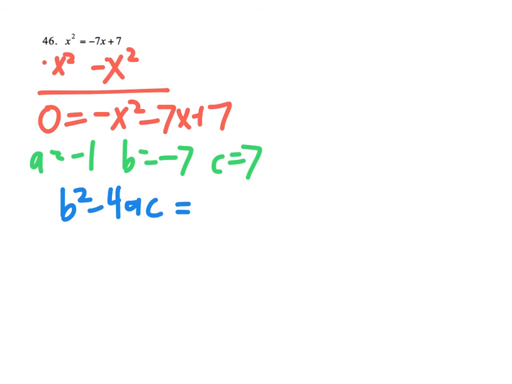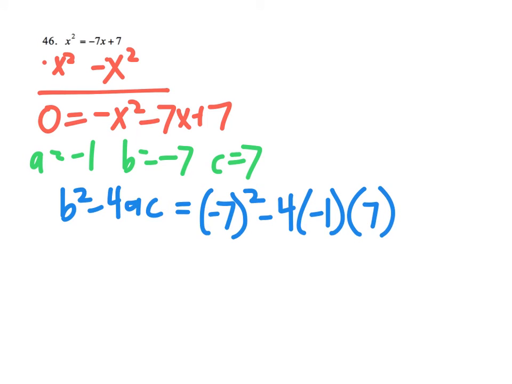We're going to plug it into our equation, so we have b squared, so we have -7 squared minus 4 times -1 times 7. Now if I square -7, I get 49. And then if I do -4 times -1, I get +4 times 7, which gives me 28.